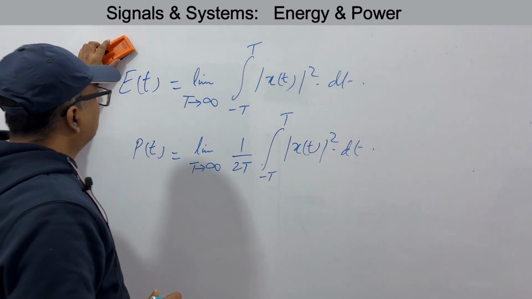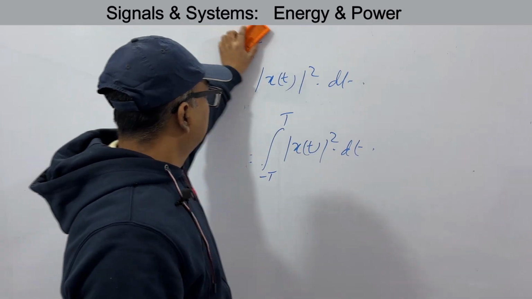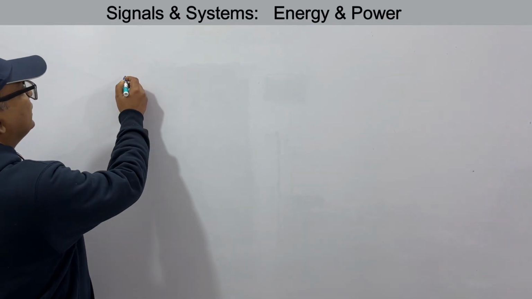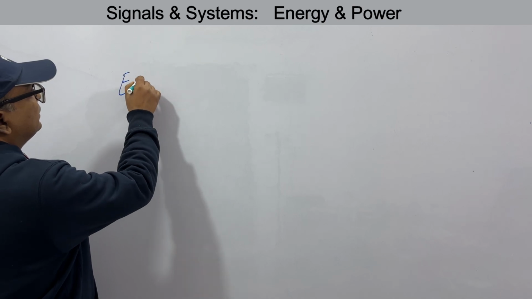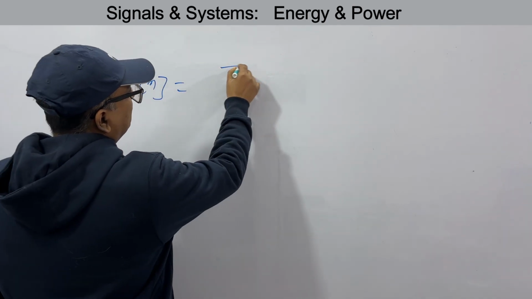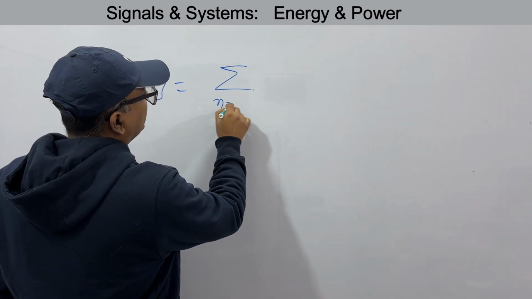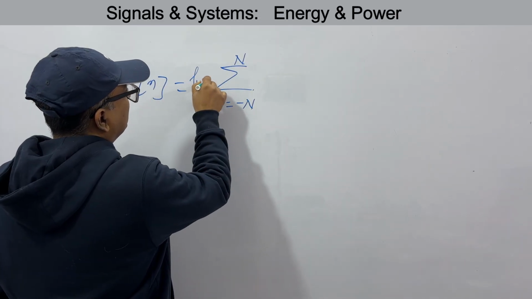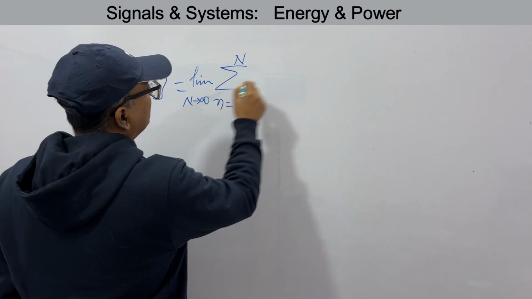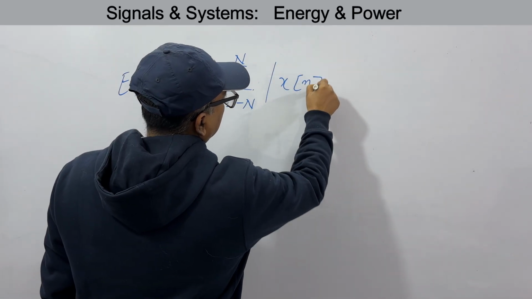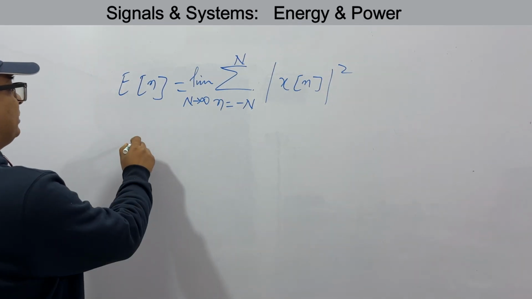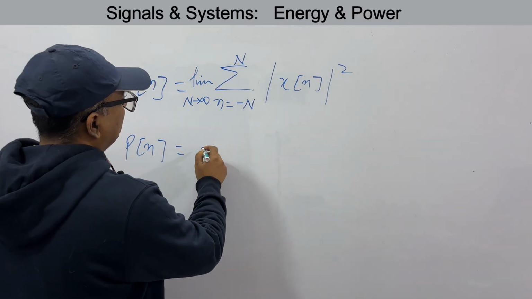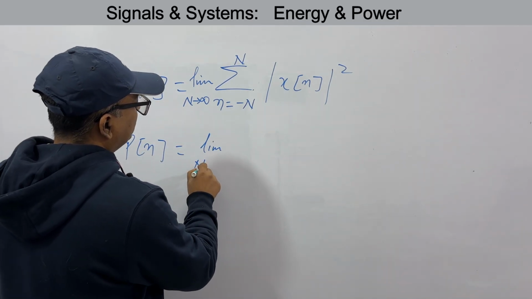And in case of discrete signals, similar to that, energy E will be the summation from n equal to minus N to N, where N tends to infinity. And power, you have seen, will be limit N tending to infinity.